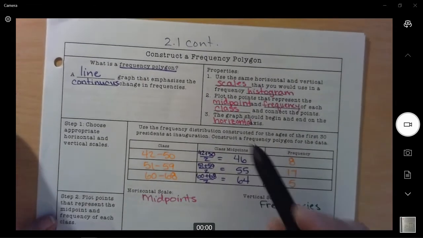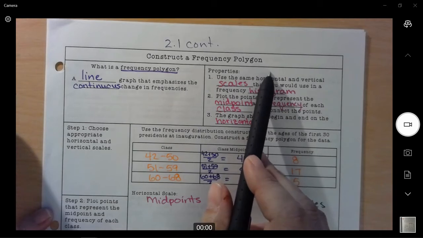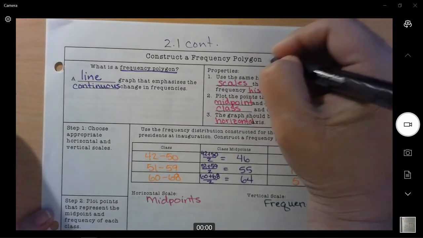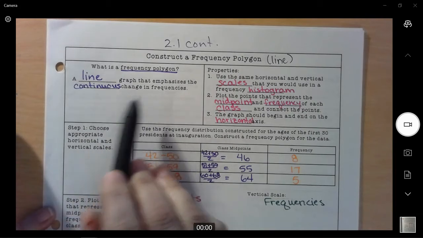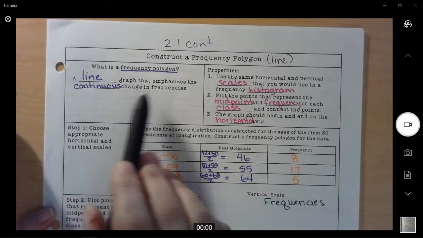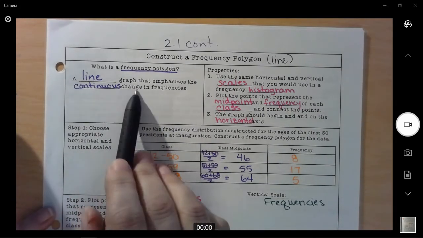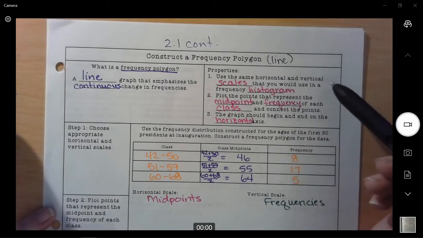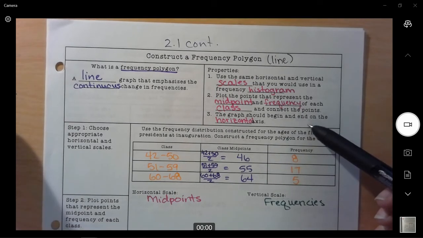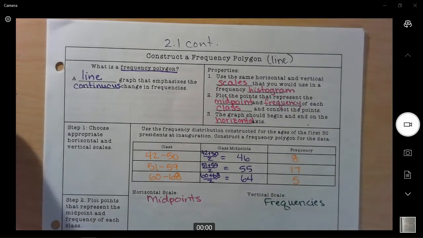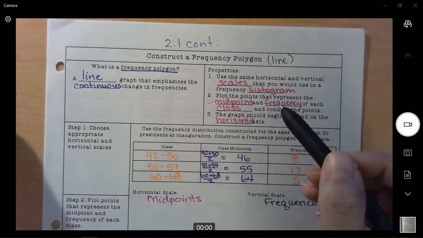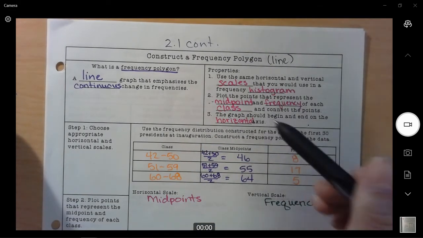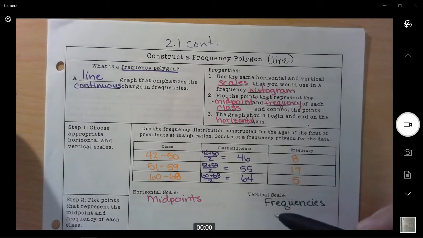Okay, so the next one that we would use is called a frequency polygon, which is also just a form of a line graph. Okay, it's a line graph that emphasizes the continuous changes in the frequency. So it's looking for change. We would use the same kind of system to determine our x and y's, but this time we're going to make our midpoints our x-axis, and our frequency is still going to be our y-axis.